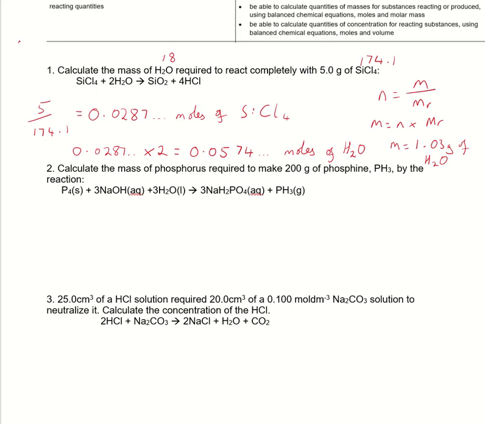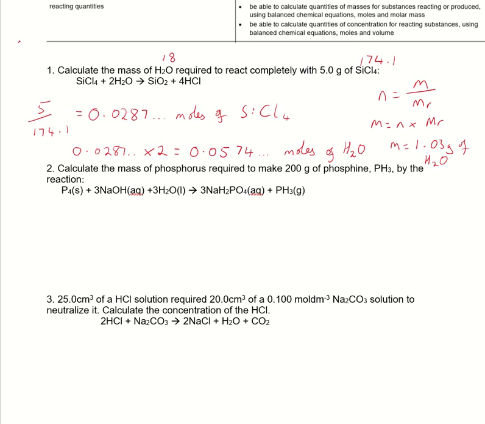So on to the next one. Calculate the mass of phosphorus required to make 200 grams of phosphine by the reaction below. The ratio you can apply anywhere within these equations. You can compare reactant to reactant, reactant to product, product to reactant, any which way. So that's why a balanced chemical equation is very important for these.